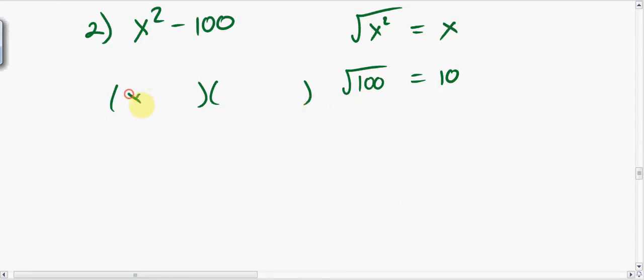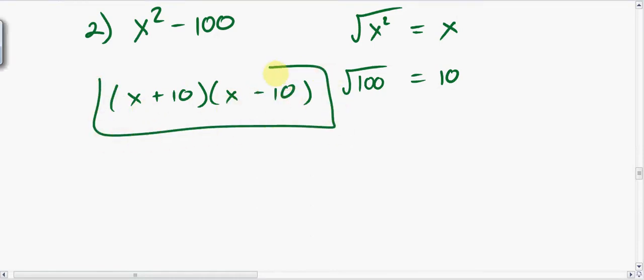So, I'm going to simply say I have x plus 10 and x minus 10. One will be plus, one will be minus. There's your answer. If you tried to FOIL again to check, you would see your middle two terms would cancel. So you'd see that when you go x times x is x squared. X times negative 10 gives me negative 10x. 10 times x is positive 10x.